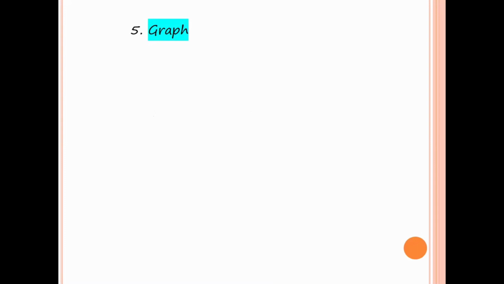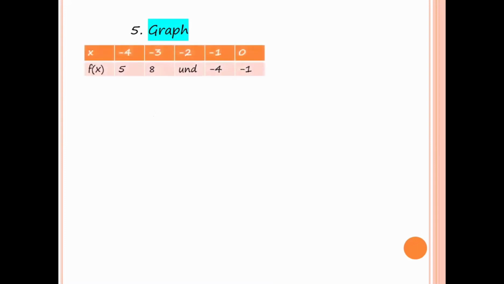So the table will be like this. To find f(x), substitute the x from the given example. So the f(x) values are 5, 8, undefined, negative 4, and negative 1. So the graph will be like this.